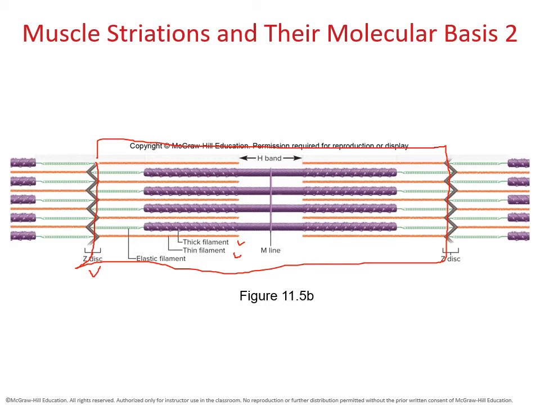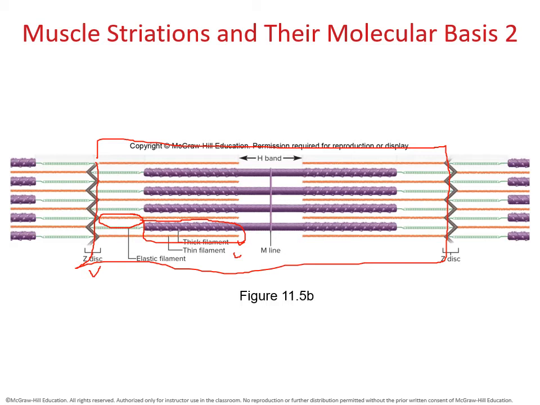Notice how you'll have areas where the thin and the thick filaments are overlapping with each other, and then you'll also have areas where the thin filament is just by itself. The green coiled or elastic filament. Now, this is what's going to allow us, when we stick it under the microscope, to see a difference in a light versus a dark band.